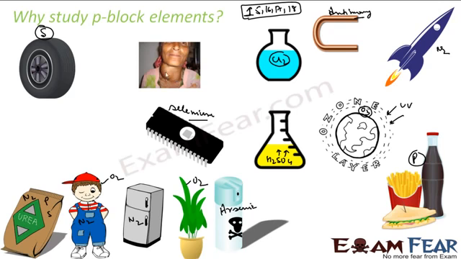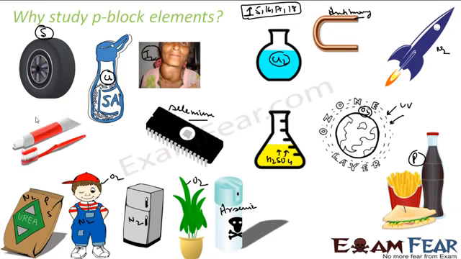If you have a deficiency of iodine, you get a disease called goiter. So iodine, used to produce thyroid hormones, is again a P block element. The common salt that we use a lot in our day-to-day life has Na+ and Cl-, and Cl is a P block element.